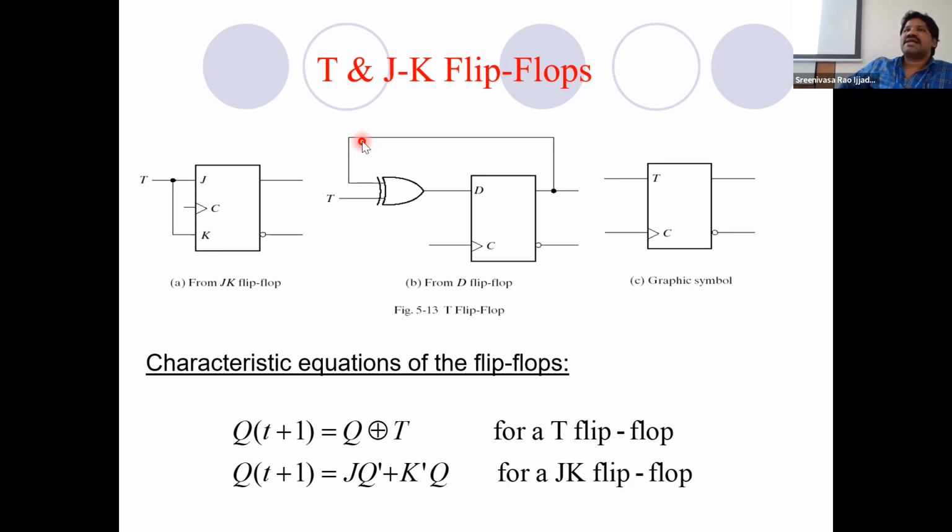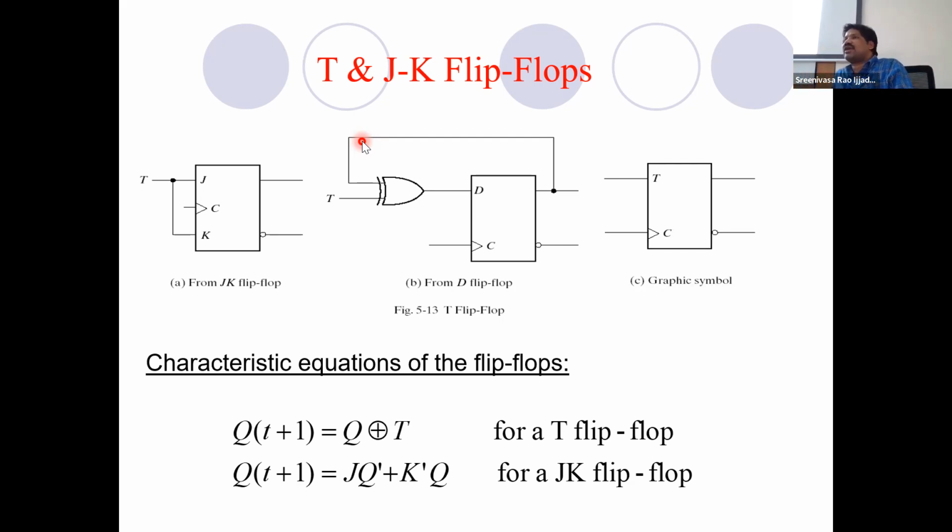These are the characteristic equations. What does characteristic equation mean? It is nothing but the next state equation with respect to the present state and the inputs. Got it? So the JK characteristic equation is this, and the T characteristic equation is this.